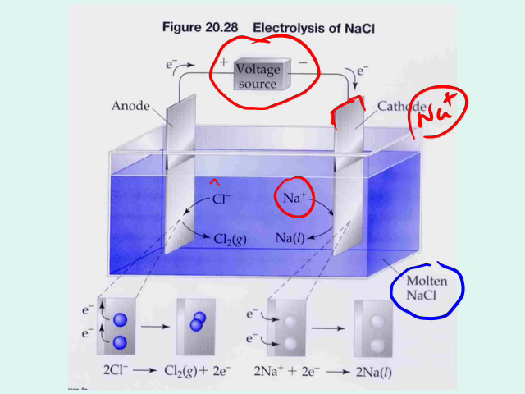On the other side, Cl- is going to give up electrons, and that's how eventually it would combine with another Cl and become Cl2. So this is how we can get sodium and Cl2 by electrolysis of sodium chloride, which is molten sodium chloride. But if you try this in water, it's not going to happen because there are competing reactions where water is going to take part.